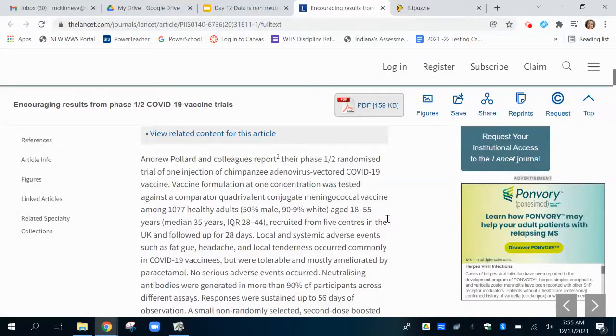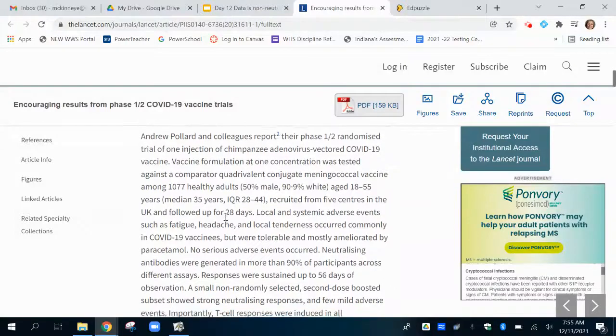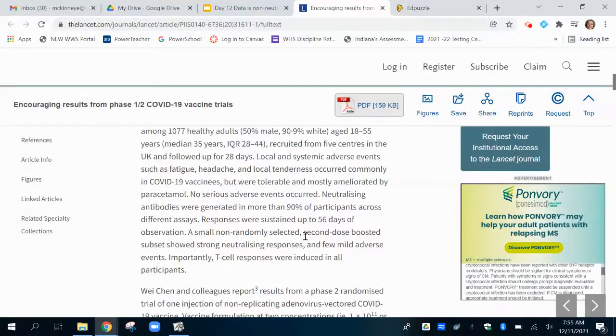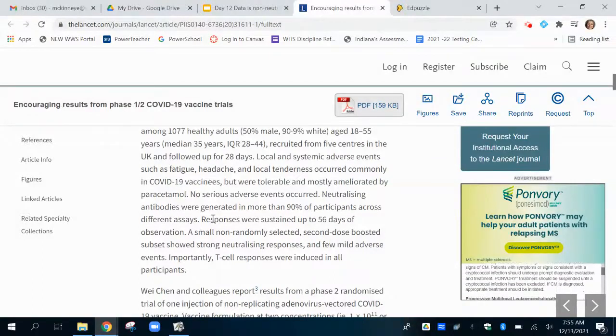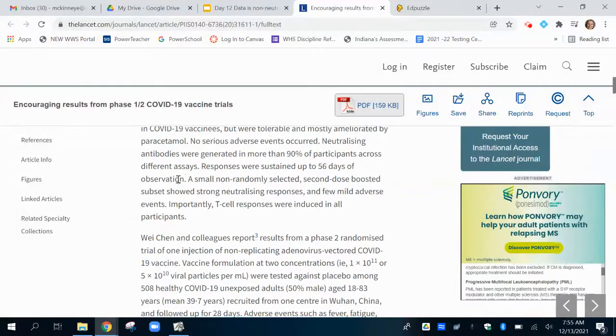They were ages 18 to 55, and the median age was 35, so it looks like it was even on the younger end. So we're able to see who the sample was. It was non-randomly selected, so what does that mean? There are pieces that we can talk about with what's happening, even though we might not understand all of the words in between here.